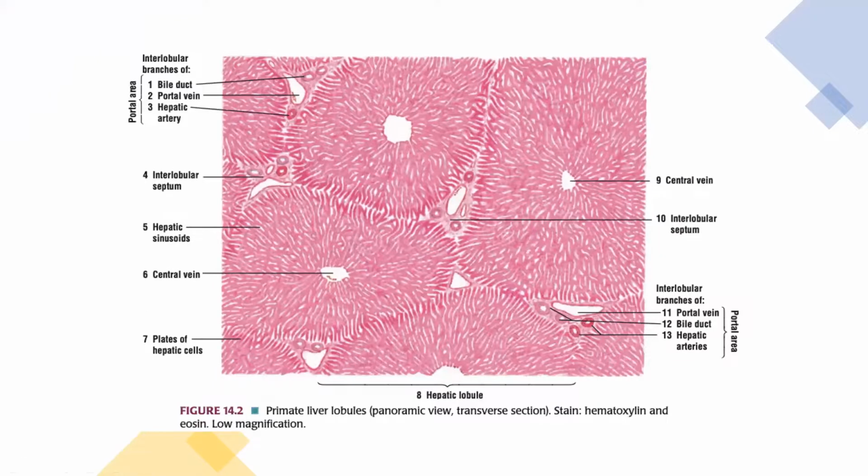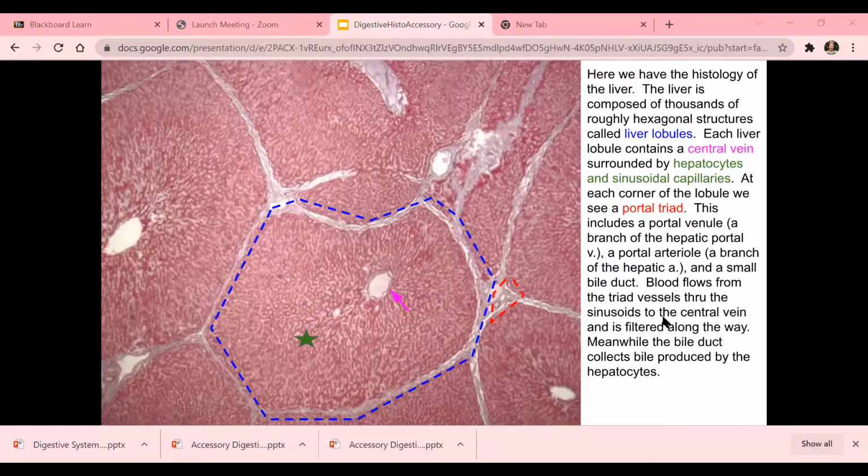This is the other picture of the liver lobule. In this picture, again, you have 1, 2, 3, 4, and 5 lobules. You have the central vein in the center, and in the corners, you can see the portal triad or portal area. This is the histology of the liver.